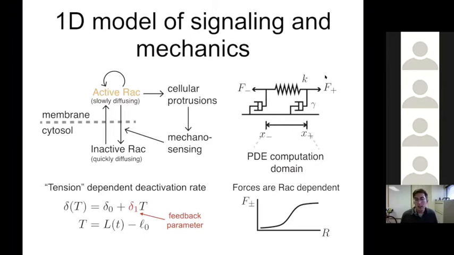That increase in tension feeds back into the deactivation rate, increasing it, which should resolve the Rac overstimulation. And this is built in a simple Kelvin-Voigt element where I have a spring and dashpot together. I numerically solve the partial differential equations in a moving domain that's freely allowed to change size.